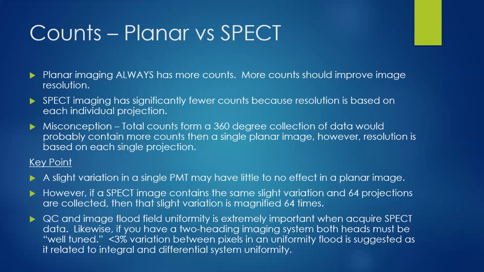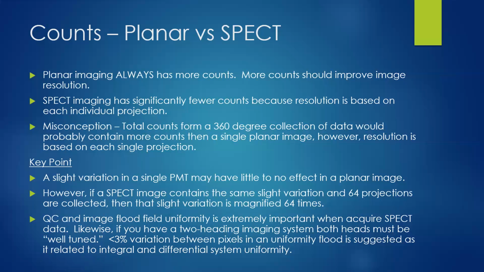That means you're exacerbating the defect when you do a SPECT scan. So what does that mean? As I say down here, quality control of your flood field is critically important, and your variation for your integral and differential uniformities should be less than 3%, which means the camera has to be well tuned.